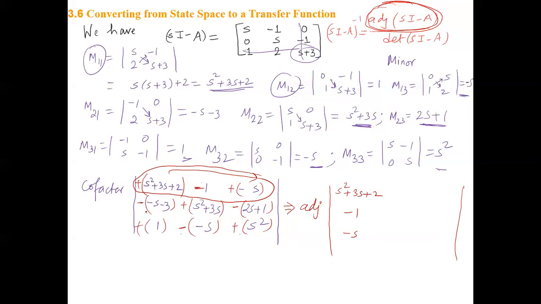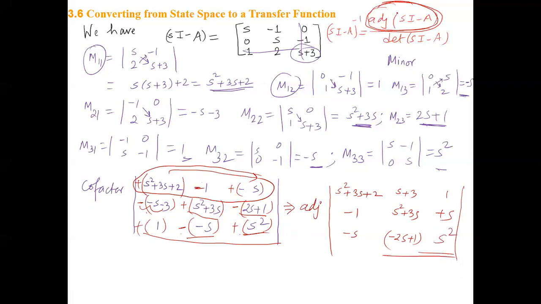Then this guy goes to the next column. Can I simply write S plus 3? Then here, S square plus 3S. Then here, minus 2S plus 1. Finally you have this one: 1, then plus S, then S square.